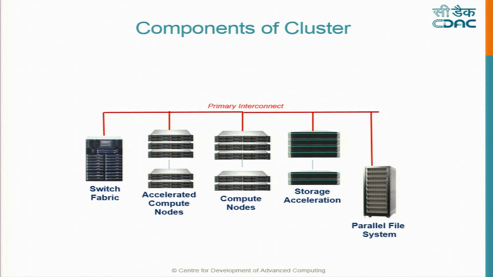Accelerators are of various types, and I may not have time to go through them. One is called an FPGA based accelerator. CUDA is the simplest one that one can put in your computer. So the compute nodes and accelerated nodes together work towards giving a given performance for a parallelized code. So you can say that accelerated compute nodes are extensions of compute nodes.